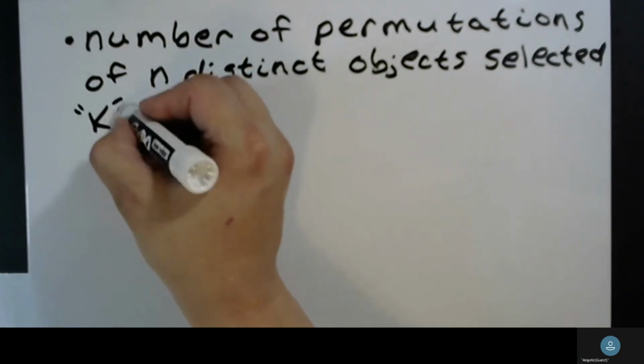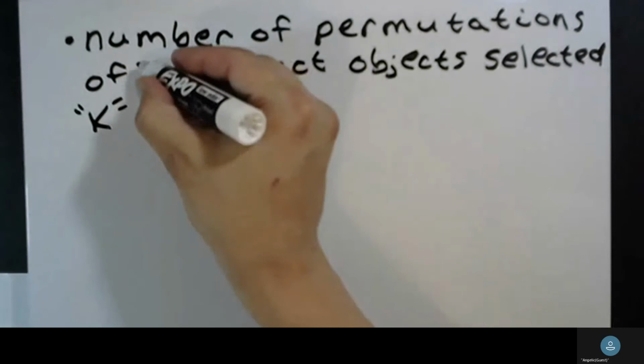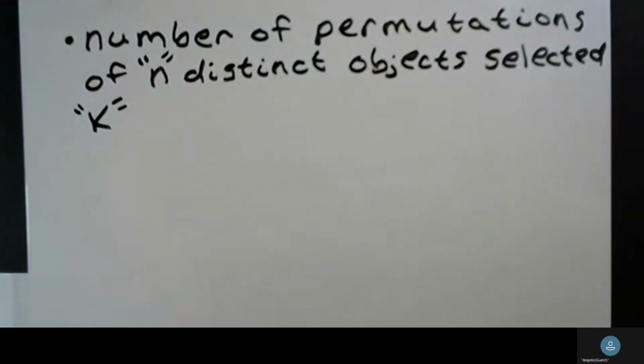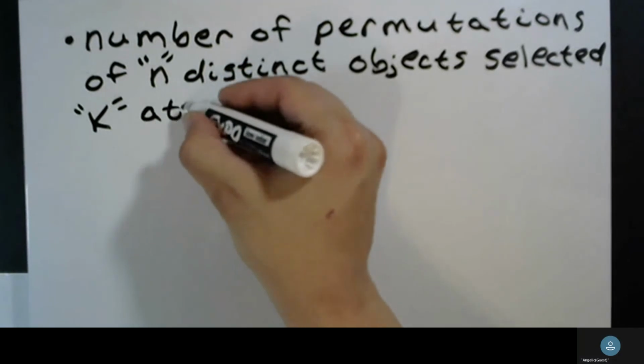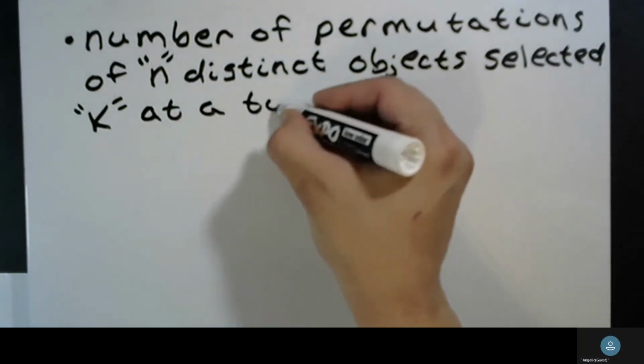So that means we're going to pick k of these objects. We have n, and we're going to pick k of them. So k is going to be some number smaller or equal to n. Usually it's almost always going to be smaller than n. So pick k of them at a time.